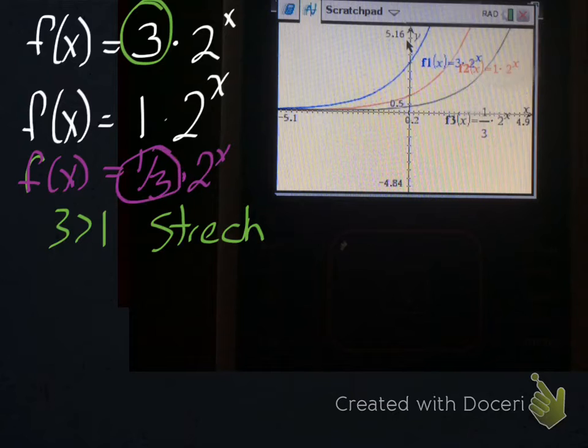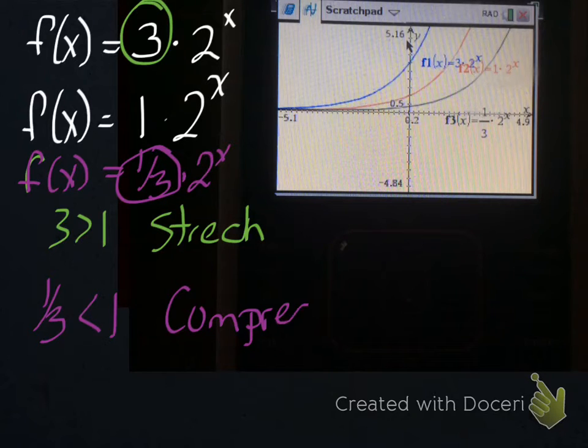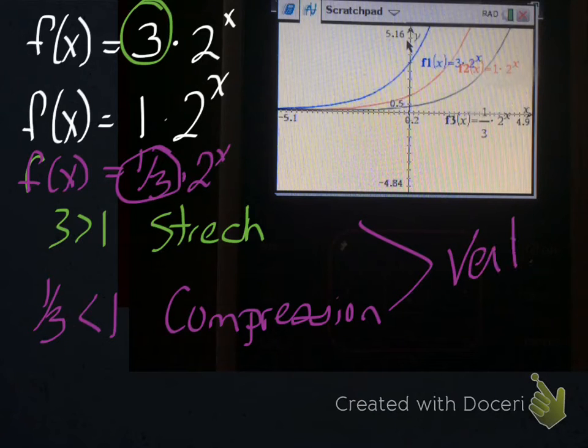That 1/3 is less than 1, and that's going to be a compression. And so this is all talking about a vertical stretch and compression. You can do it the other way, but we're focused on vertical. So if a is smaller than 1, it's a compression. If a is bigger than 1, it's a stretch.